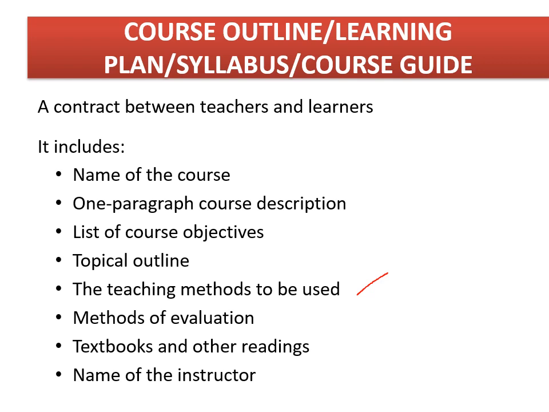The syllabus should also contain the methods of evaluation, which includes your prelim, midterm, and finals, and also the quizzes. At the end of the syllabus, you're going to find the references or the textbooks, and also the name of your instructor.